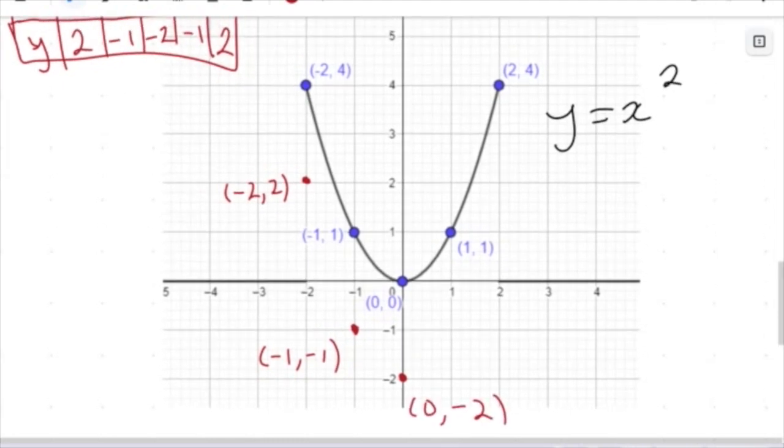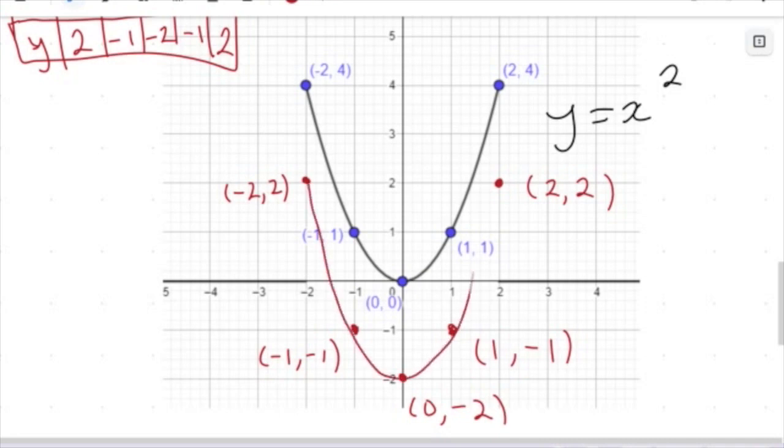I have 1, -1. And I have 2, 2. So these are all my points, and drawing in my parabola, we're going to look at what happens here.